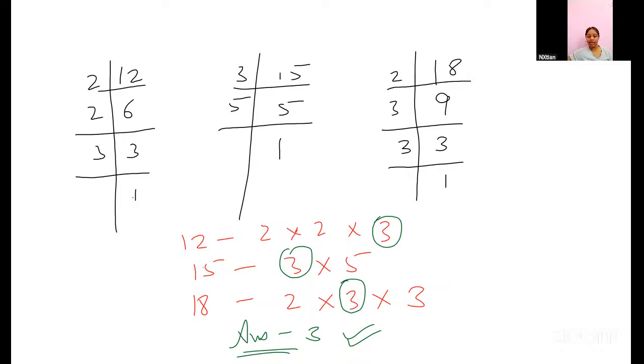So I will clear the screen and I'll show you. Second method to find out HCF called division method. Okay. Now what happens in this division method?